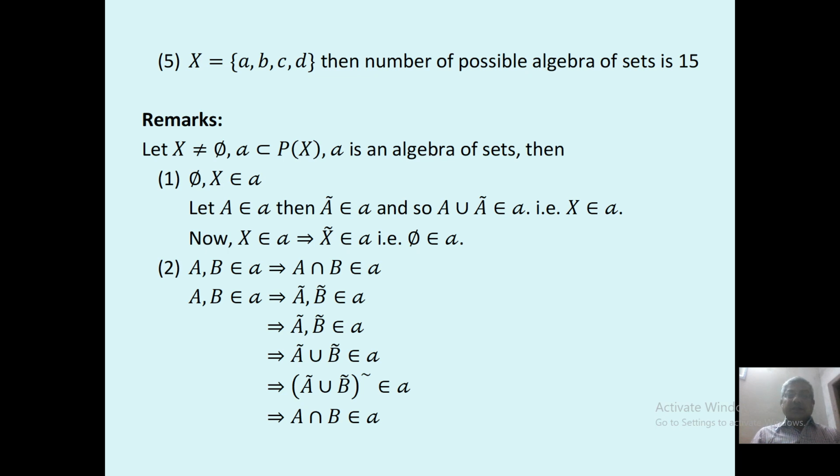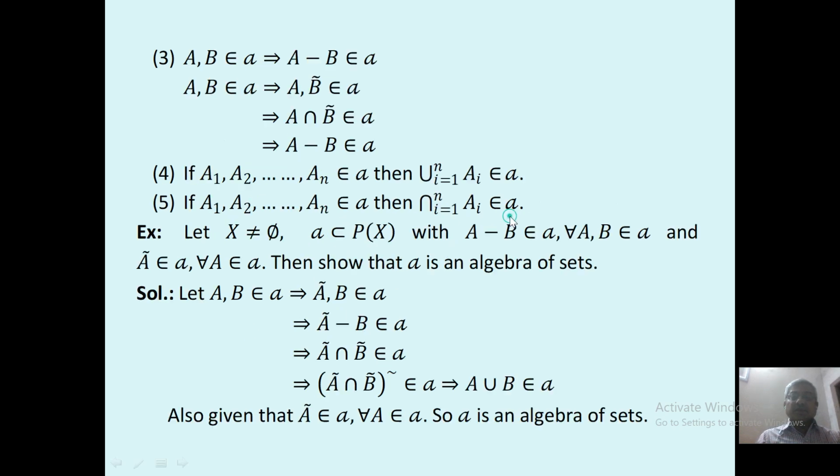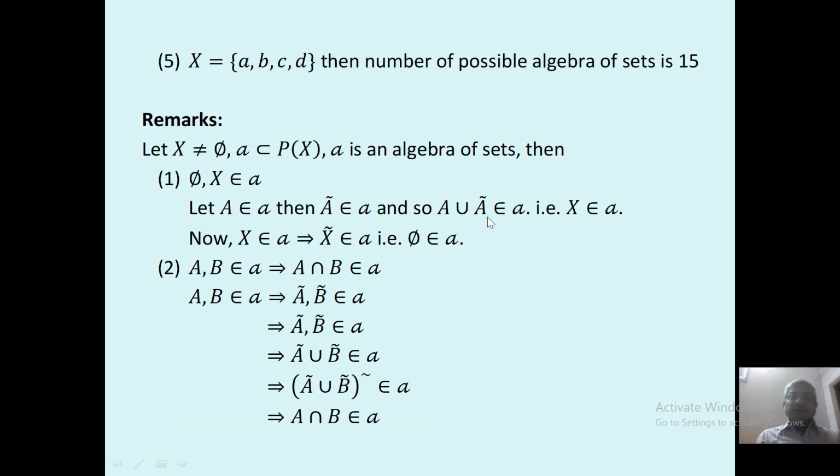So if you take any set in script A, then its complement is also a member of script A. Let us take A belongs to script A. Then by condition number 2, A complement also belongs to script A. And by condition number 1, the union of two members is also a member of script A. So here we have two members, A and A complement, so the union of A and A complement also belongs to script A. Now the union of A and A complement is nothing but X. So X belongs to script A. So we have proved that X always belongs to an algebra of sets.